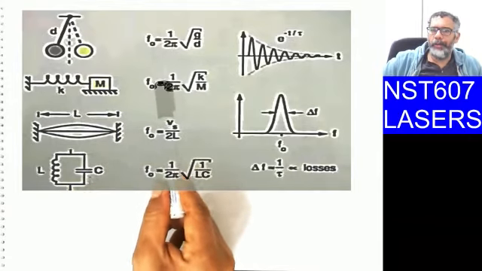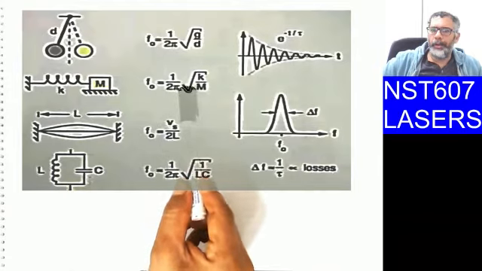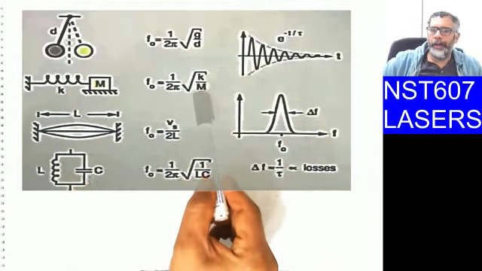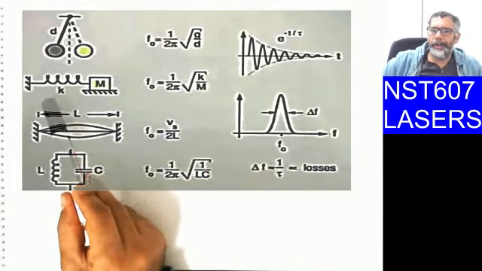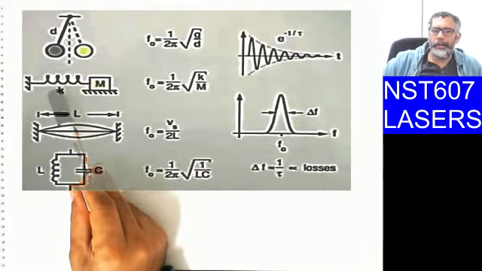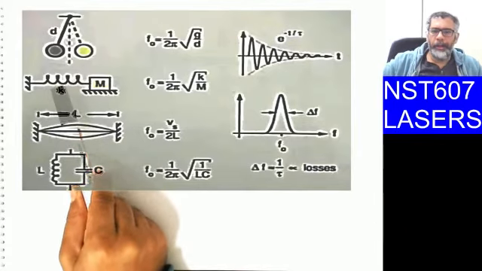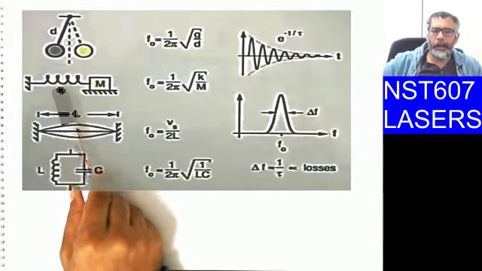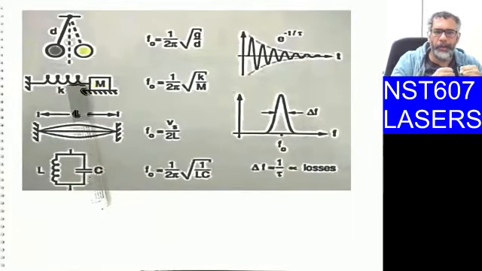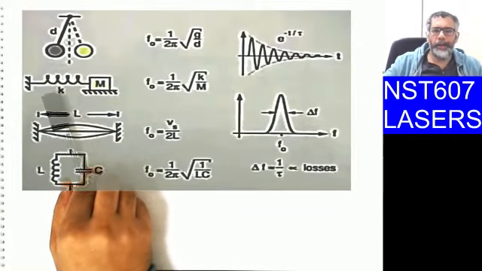This is a spring mass system, and it will have its own frequency, given by 1 over 2 pi times the square root of k divided by m, where k is the spring constant, a parameter that describes your spring. If your spring is hard, harder to pull or push, then you have a larger k.